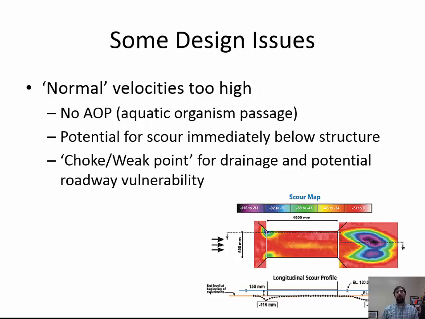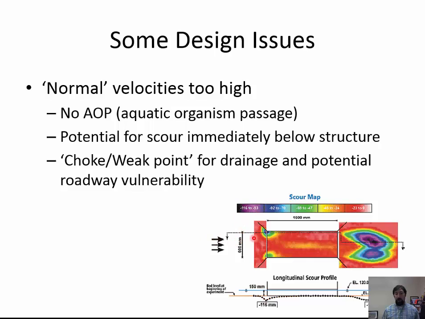So let's talk about some of these design issues. Basically, the normal velocities are too high. This is a neat figure that I think came from research done by the Federal Highway Administration. We've got a scour map where areas that are red show less scour and areas that are purple show increased scour.